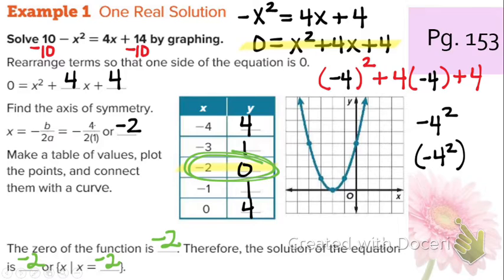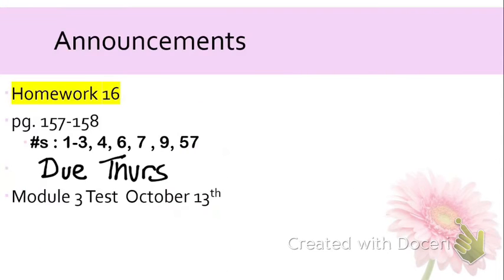Okay, so now we're going to start a second lesson, because we're not finished. But before we do that, take out a sheet of paper and let's start our homework. Homework 16. A couple of things I need to make clear about this homework.